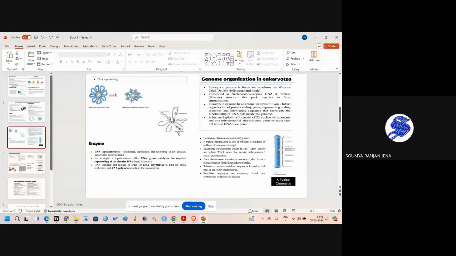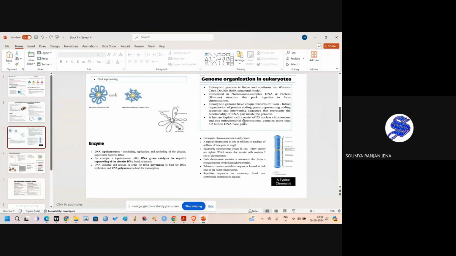After this uncoiling, DNA polymerase binds for replication. If DNA polymerase is bound, it's called replication. Replication means copy number increases, and transcription means if RNA polymerase binds, it transcribes to mRNA, messenger RNA, the coding sequence for synthesis of proteins.